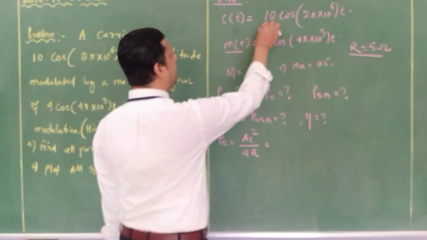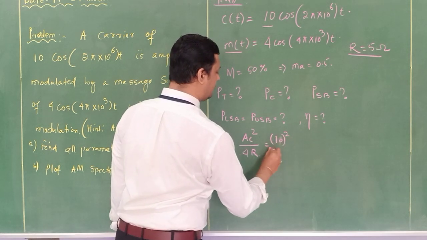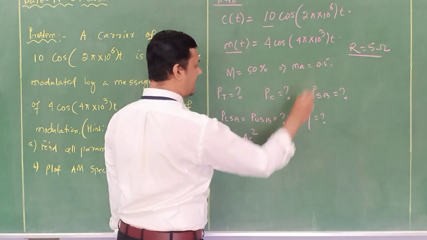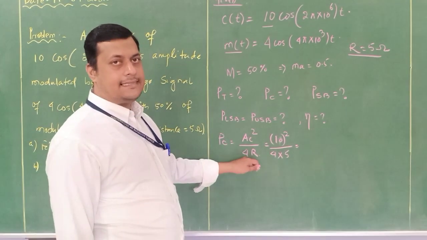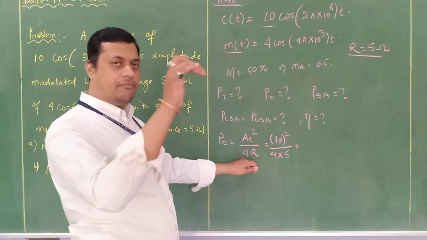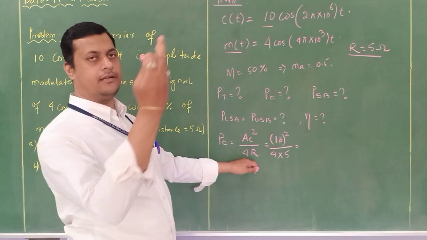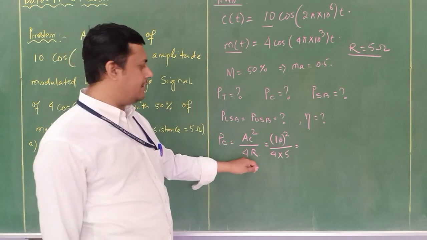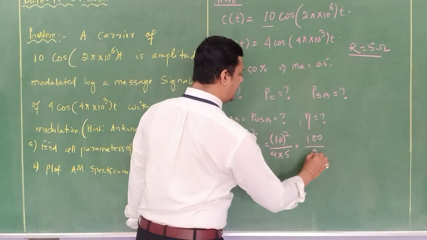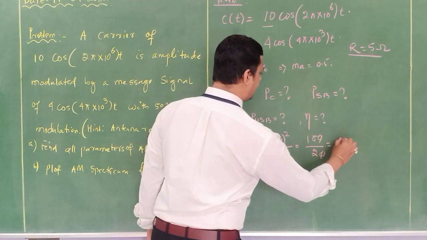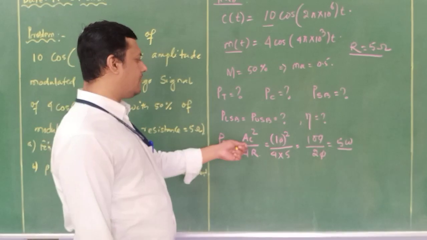Ac is 10, so 10 whole square divided by 4 into R, and R is 5. This R is called antenna resistance, where the potential drop will be there and it will be converted into an electric field. If current drops, it will be converted into a magnetic field, which we discussed in previous classes. So it is 100 divided by 20, which becomes 5 watt. So my carrier power is 5 watt.